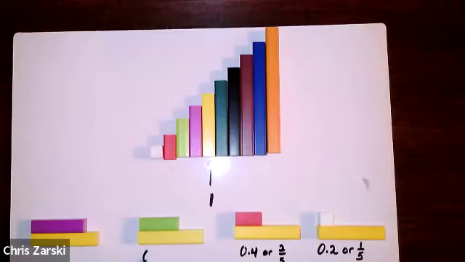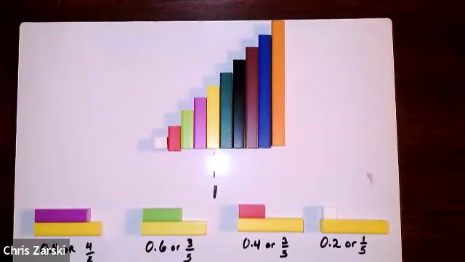This one would be 0.6, or 3/5. And this one would be 0.8, or 4/5. So these simple little 1 to 10 rods suddenly take on a pretty different meaning, and they can be used for a number of different possibilities now.